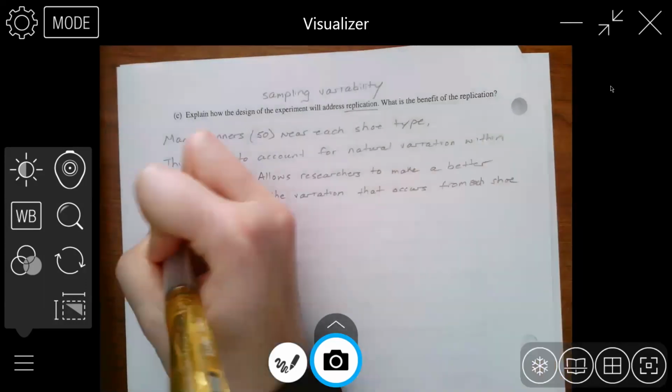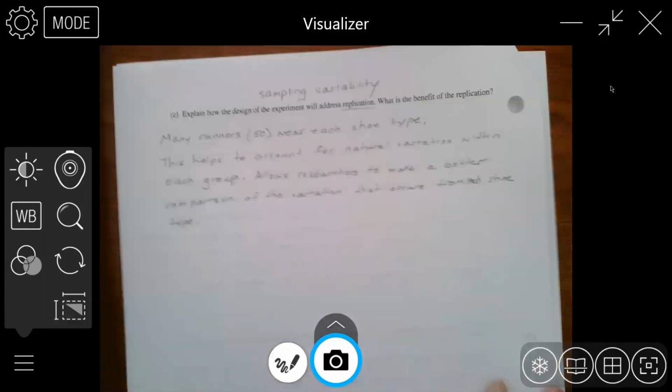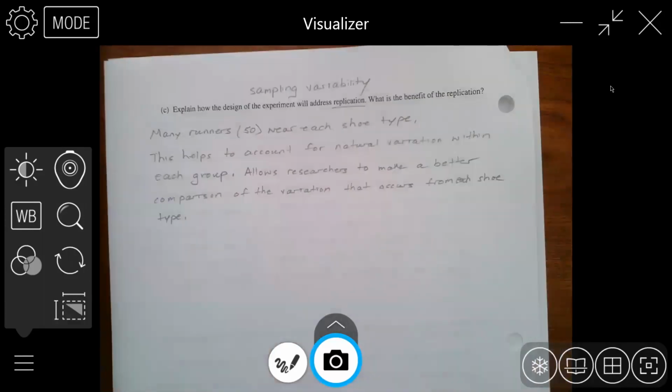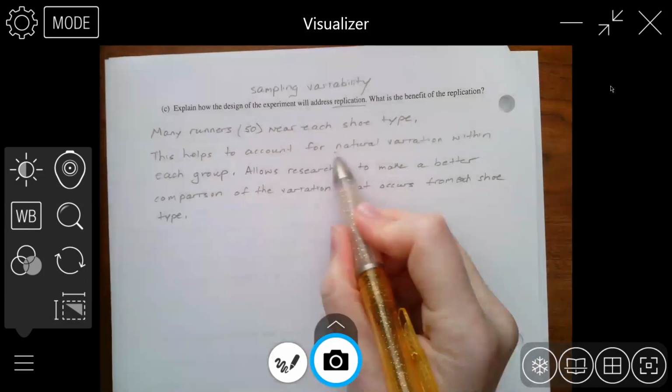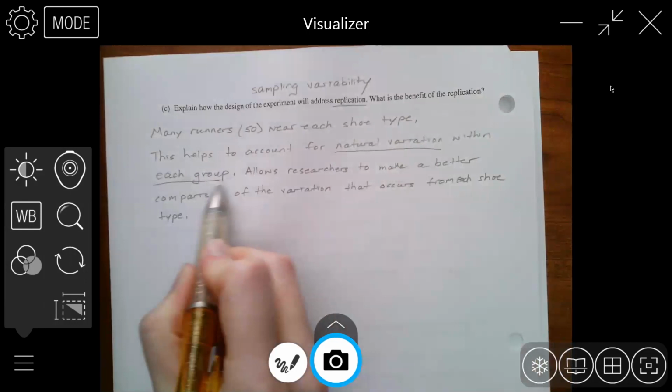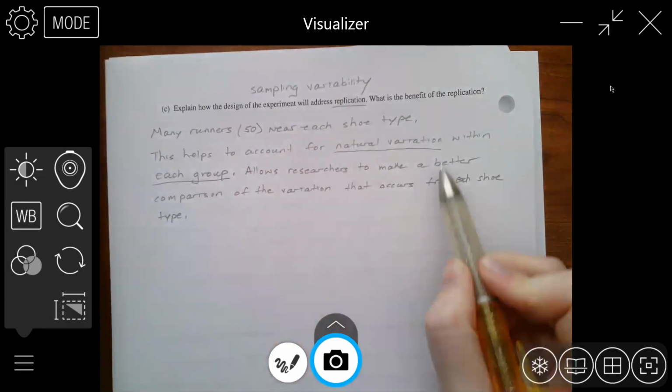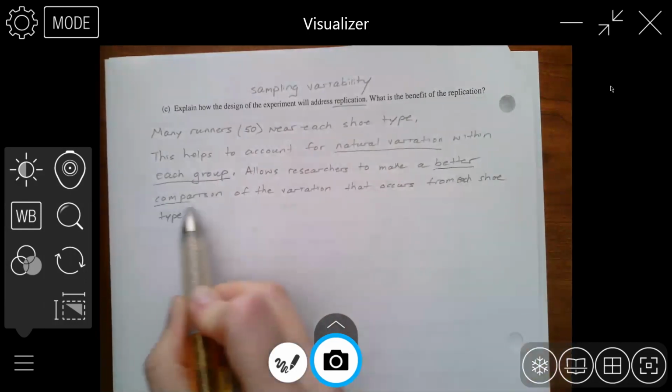We can put it like that. So what I've done here is I've got my context. My context here is natural variation, each group, and then we have a better comparison.